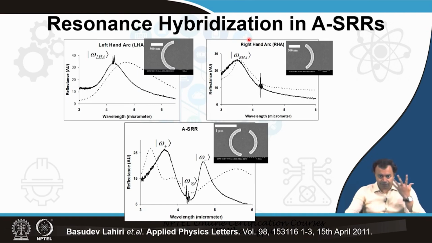What does it do? It basically hybridizes the resonance. Hybridization of resonance means that the left hand arc has a response, the right hand arc has a response, but when they couple, they produce a characteristic response which somewhat belongs with its parent left hand, somewhat belongs with the right hand, but somewhat belongs with something that is completely unique in its geometry itself.